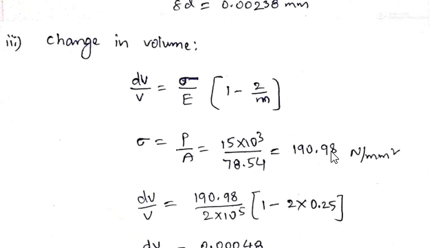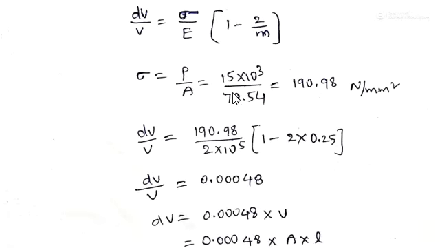So when you substitute these values in this formula, that is stress value, and Young's modulus value, and 2 by m is 2 into 1 by m, and 1 by m value is Poisson's ratio, that is 0.25 given. When you substitute those values and simplify, we are getting delta V by V, that is volumetric strain, as 0.00048.